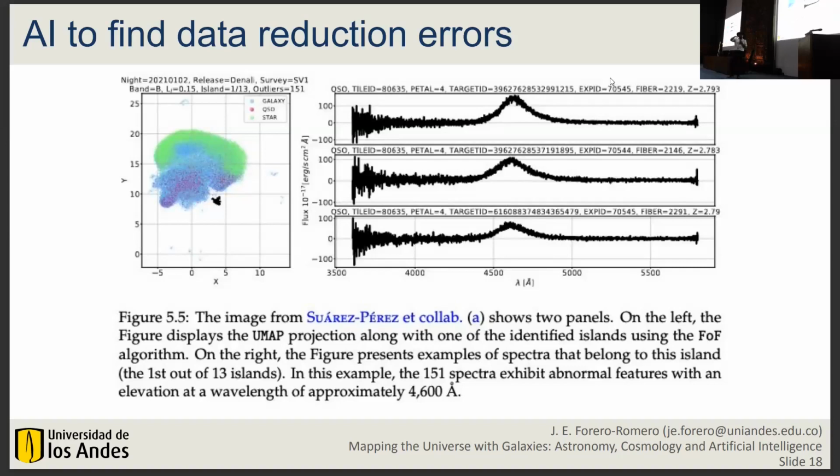So let's say you have 100,000 galaxies, each galaxy living in a high-dimensional space, but then we use UMAP, a manifold approximation, to represent each spectrum as a 2D point. These are arbitrary coordinates in this computational space.